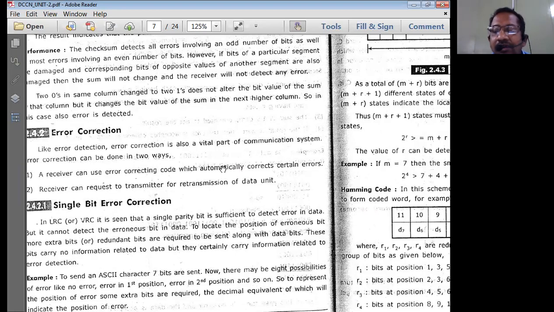Hamming code was already discussed in the previous sessions, in your STLD and DLD subjects. Exactly the same code is repeated here. In the case of data communications as well, you have to explain the same code in terms of binary bits, taking 8 bits of data. The other method is the single bit error correction method.